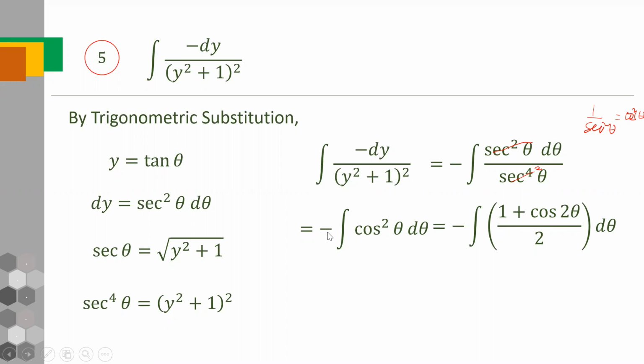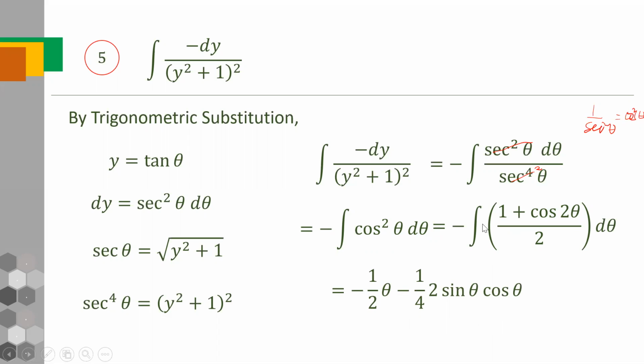So therefore, we have negative of the integral of cosine squared theta d theta. So this is a trigonometric integral which can be solved by the second case for cosine and sine. So the second case, if we have an even exponent in cosine, we can express our cosine using this half angle formula. And then we can break this integral into two parts.